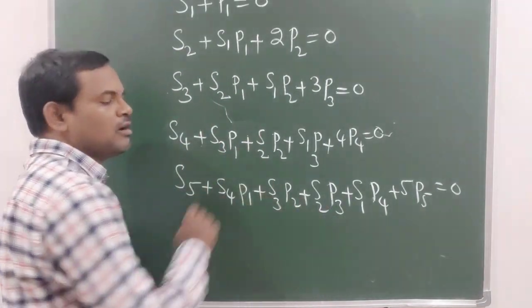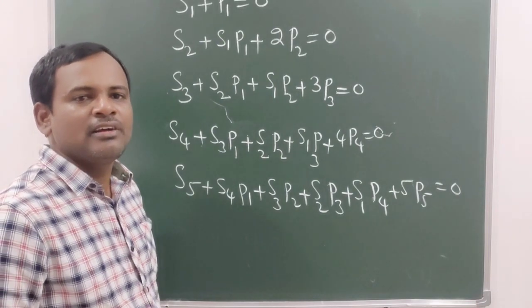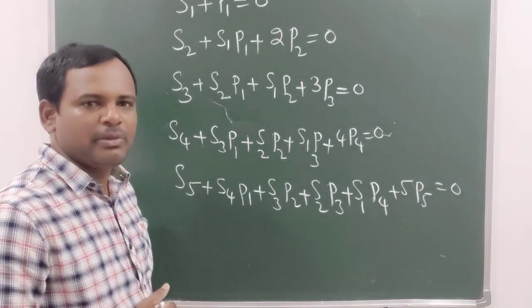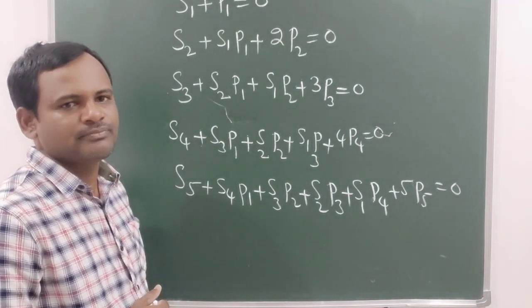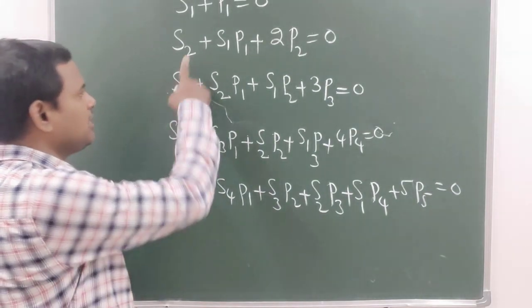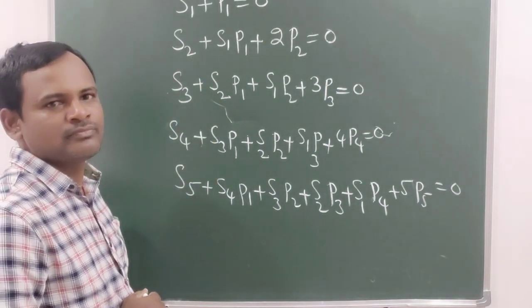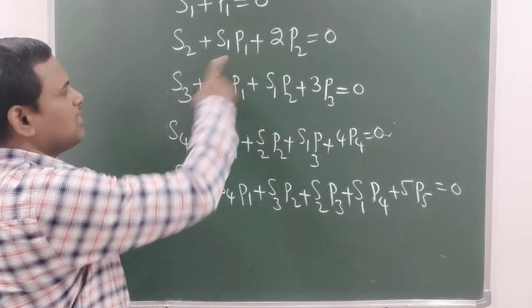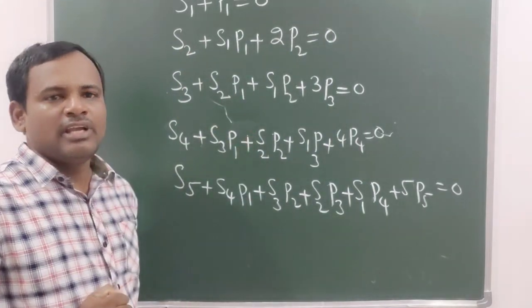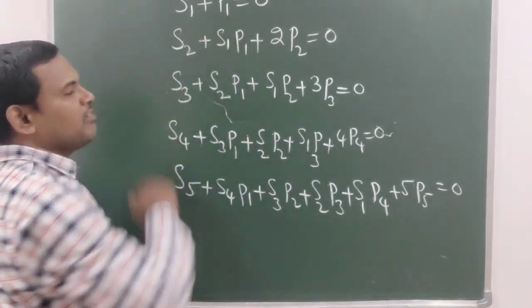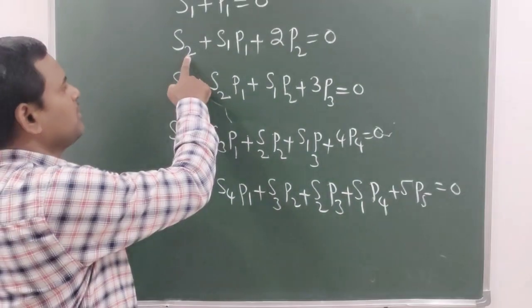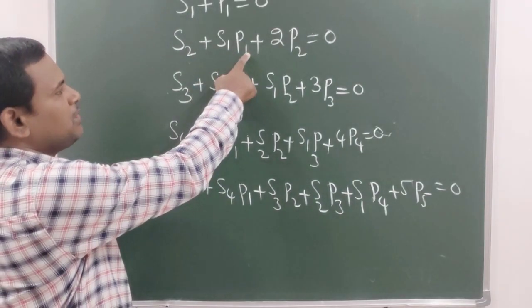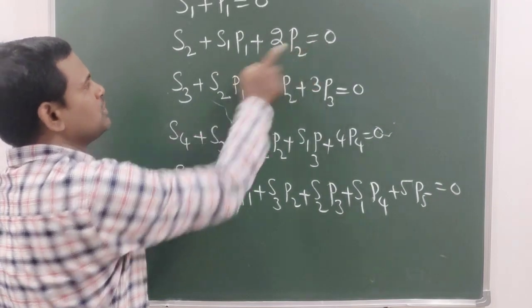Mostly they will ask us to find alpha power 5 plus beta power 5 only, so I have written up to here. Remember these equations. In the first one I have written S1 plus P1 equal to 0. Here S2 plus S1 P1 plus 2 P2 equal to 0.